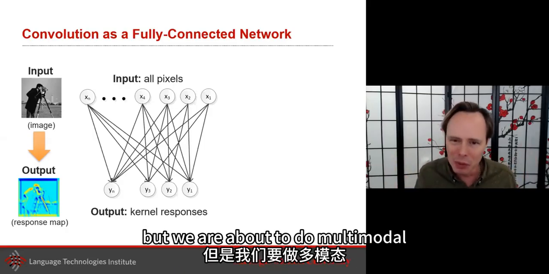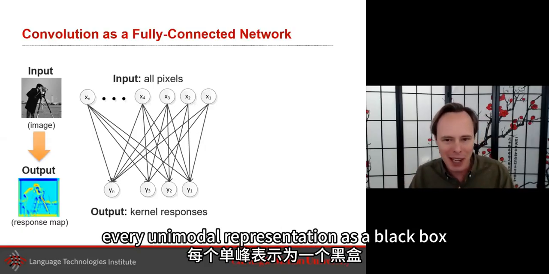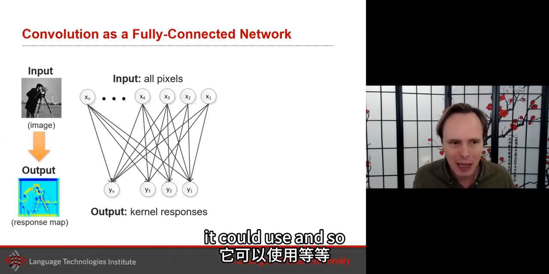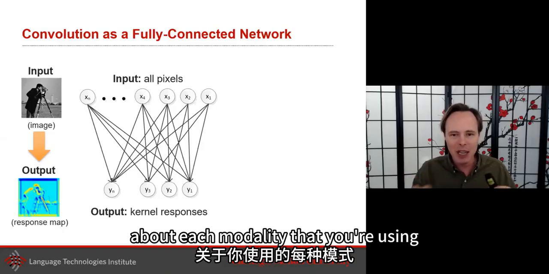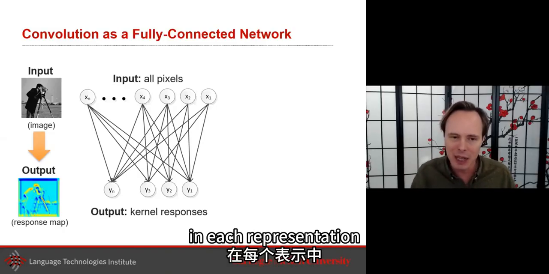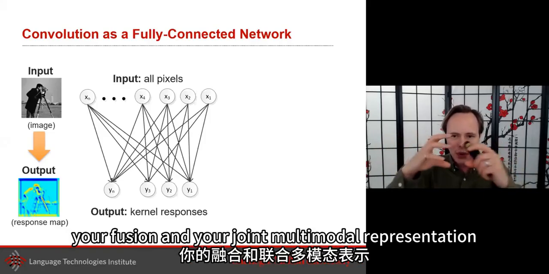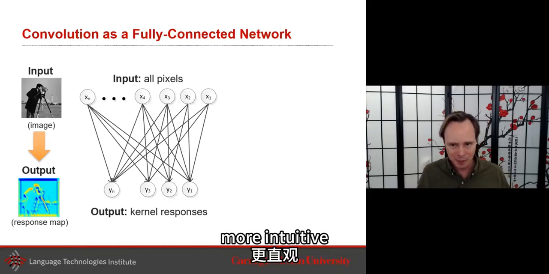But we're about to do multimodal. If you take every unimodal representation as a black box, your fusion is not going to use all the intuition it could use. So it's very important to have the right intuition about each modality and representation you're using, because that will allow you to make your fusion and your joint multimodal representation more intuitive.